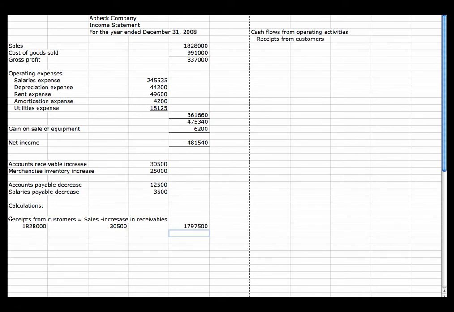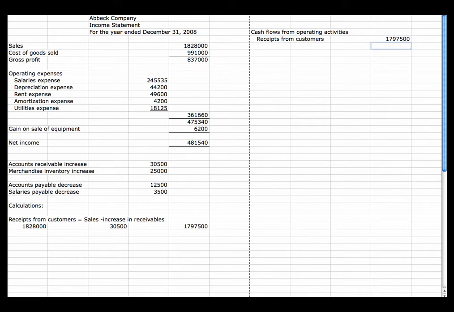Let's see if I can clean this up a little bit so we can at least know I can spell. Okay, so I now know that this number here is 1,797,500.